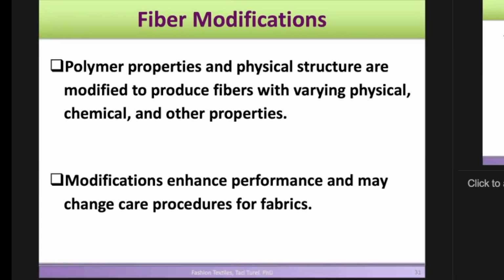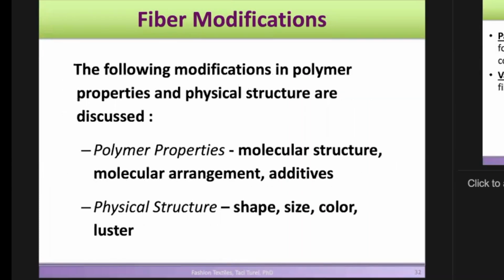You can enhance performance. You can change whether you can wash it in the laundry or not. Polymer properties can be changed by changing the molecular structure or the arrangement of the molecules or adding additives into the molecular chain. You can change the physical structure, like the shape of the fiber, the size of the fiber, the fineness of the fiber, the color, the luster.